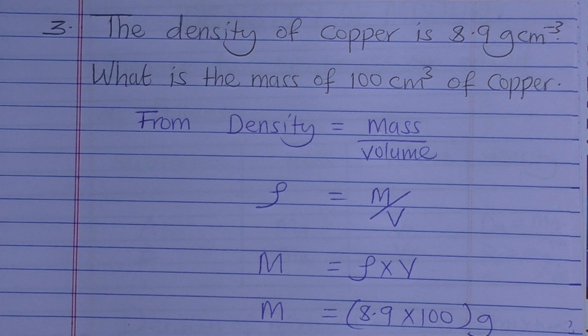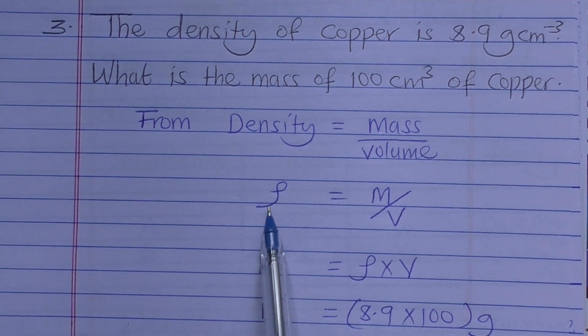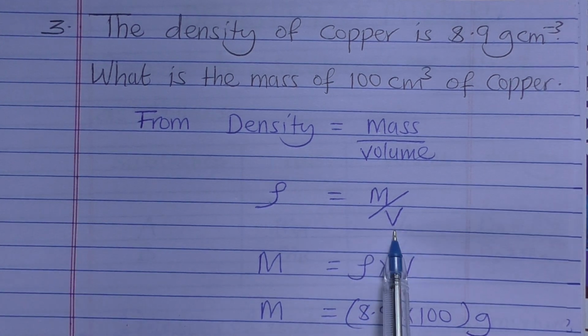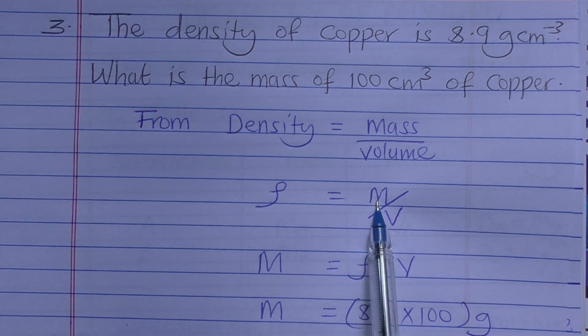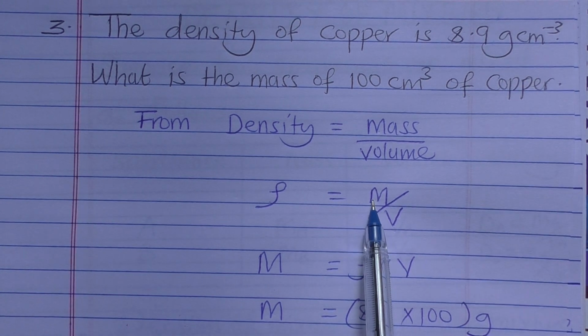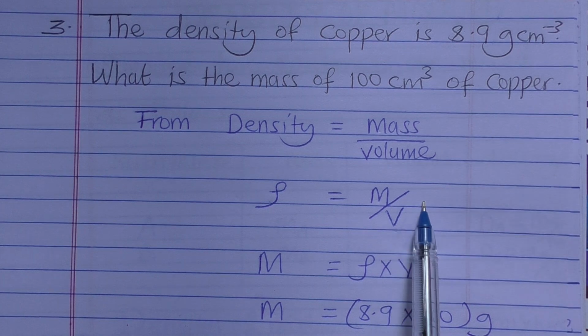So we can make mass the subject. Density is represented by rho equaling mass m over volume v. So if we want to get mass, we can make it the subject by multiplying through by volume.